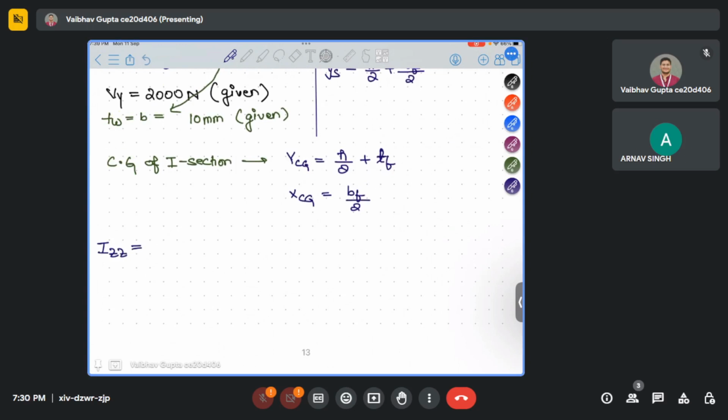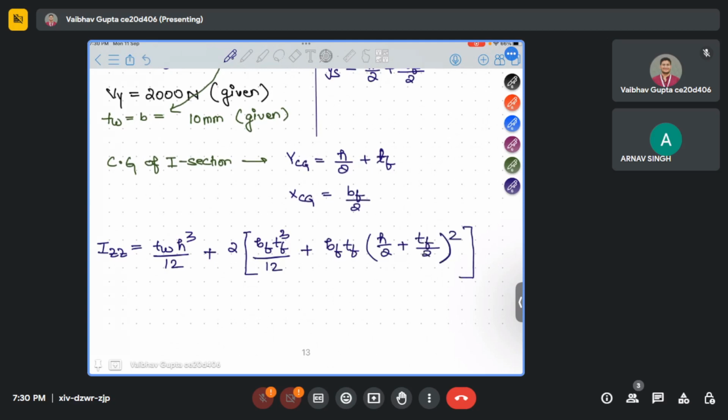I'll just write it; for detail, you can go back to the class. IZZ is TW into H cube by 12, plus 2 into BF TF cube by 12 plus BF into TF into H by 2 plus TF by 2 whole square. This is the formula for calculating IZZ of an I section.